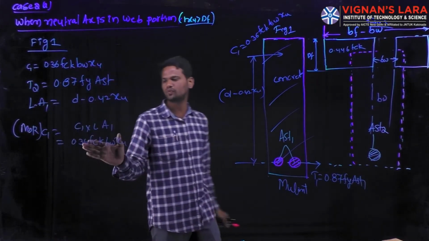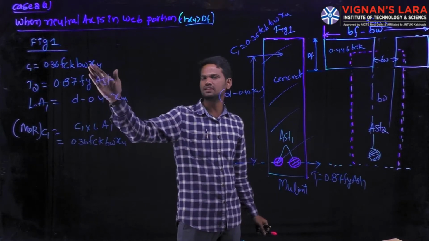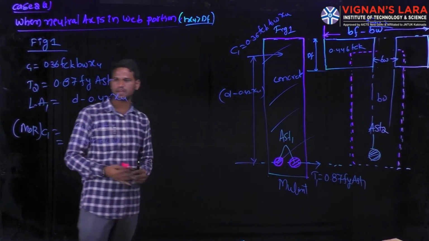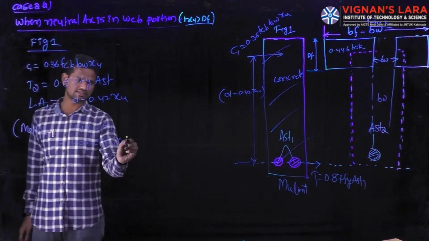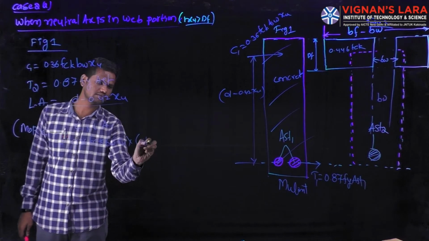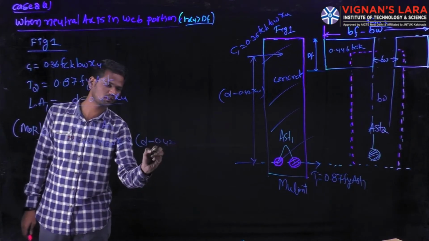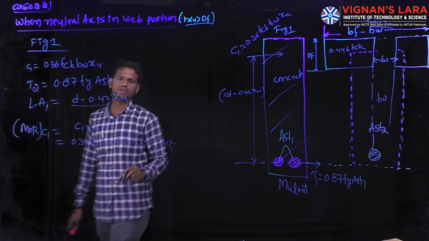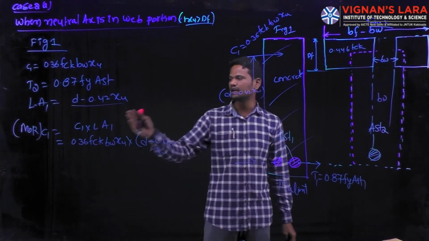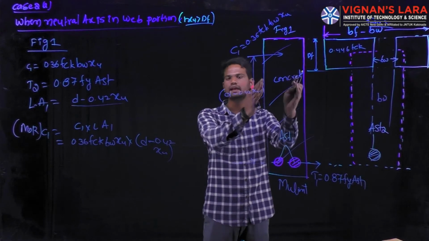The total compressive force is 0.36 into fck into bw into xu, where xu is the depth of the neutral axis, into the lever arm distance d minus 0.42 into xu. This is the calculation for the moment of resistance for the compression of this rectangular beam.